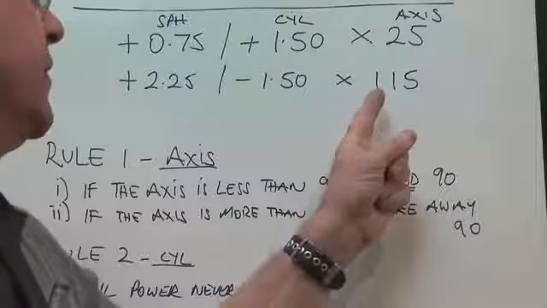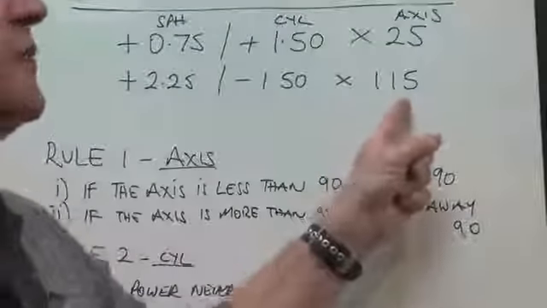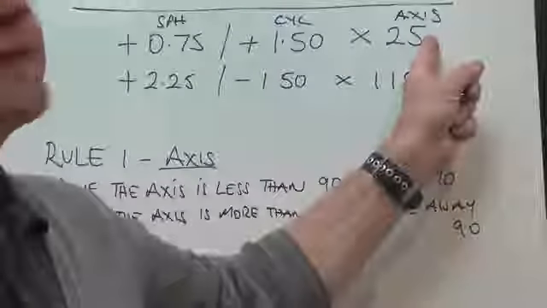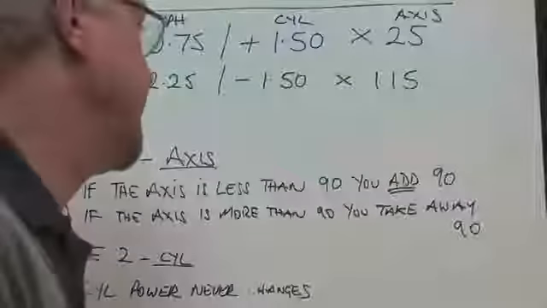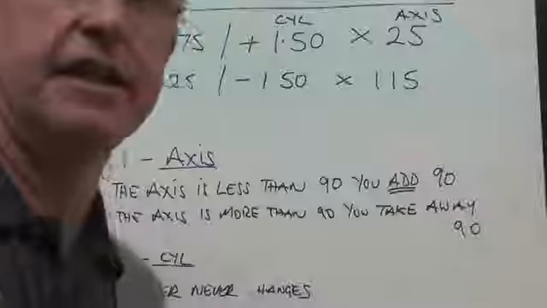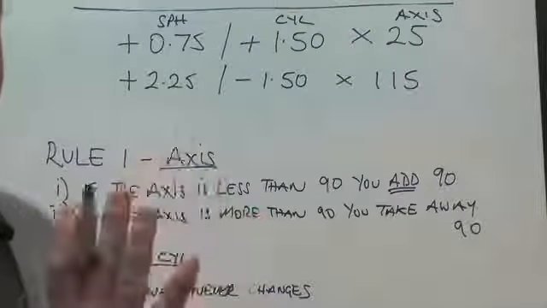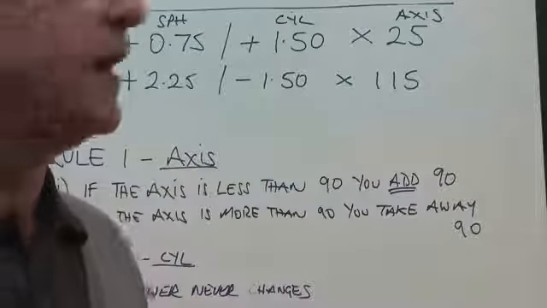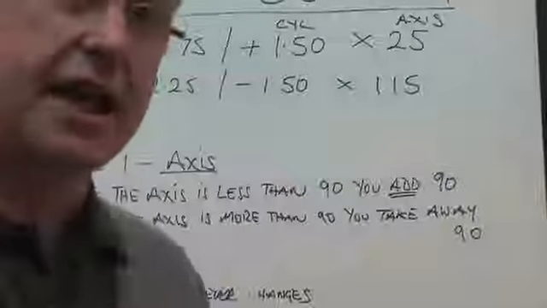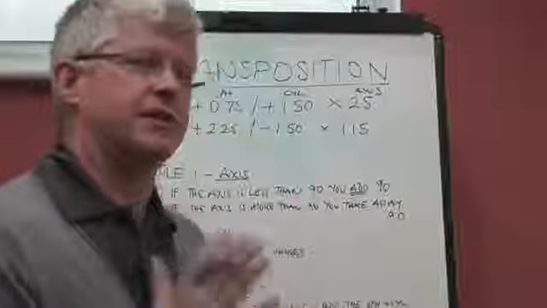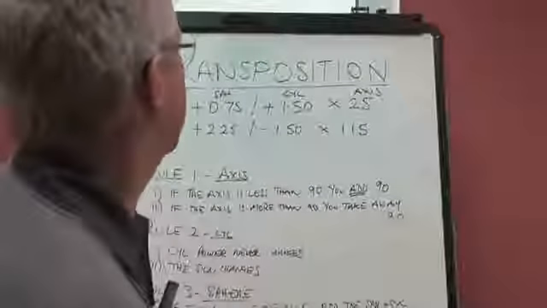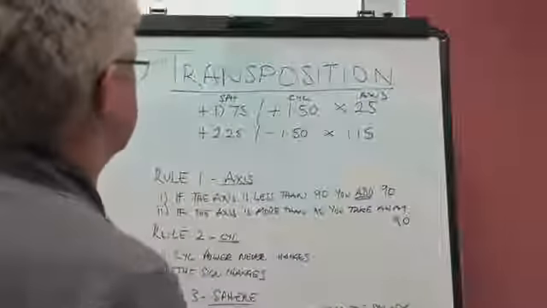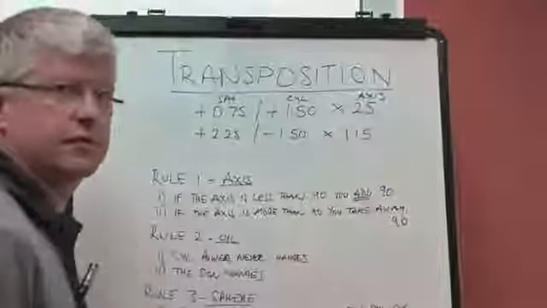So in this case we got 115, you take away 90 and you end up with 25. For example, if you've got an axis of 180, that's more than 90, you take 90 off, so you end up with an axis of 90. And if it's an axis of 10, you add 90 to it, so the axis becomes 100. So that is the axis and how we deal with it.